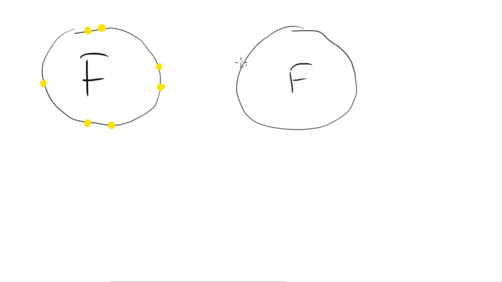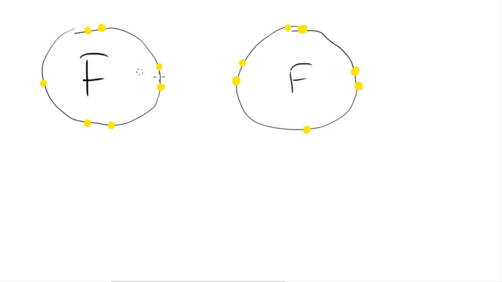And as you can see, both of these fluorine atoms have an unshared electron here, and this one has an unshared electron. And what these two atoms can do is share their electrons, so form a covalent bond by allowing the atom to share the electron that the other atom has.